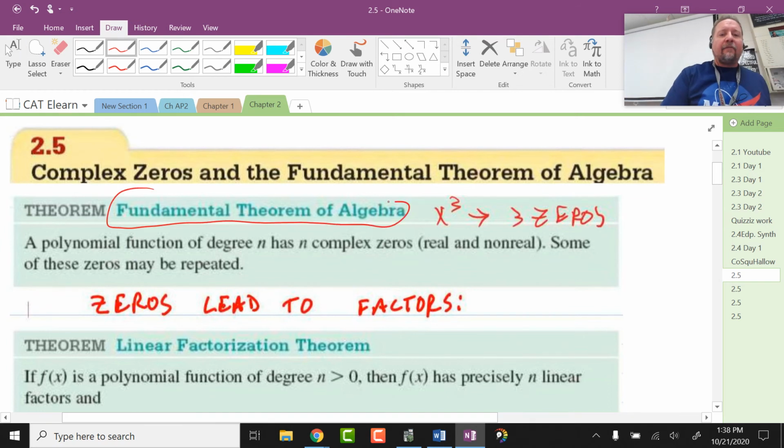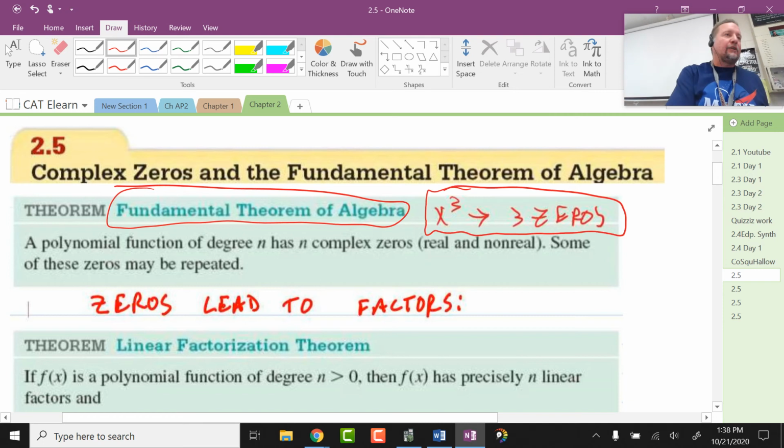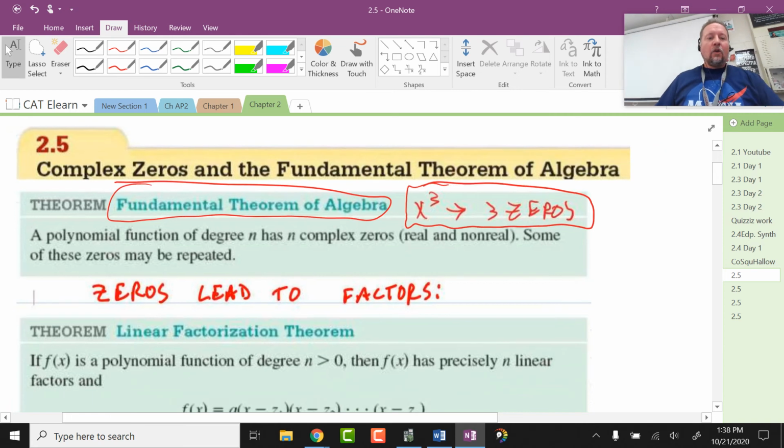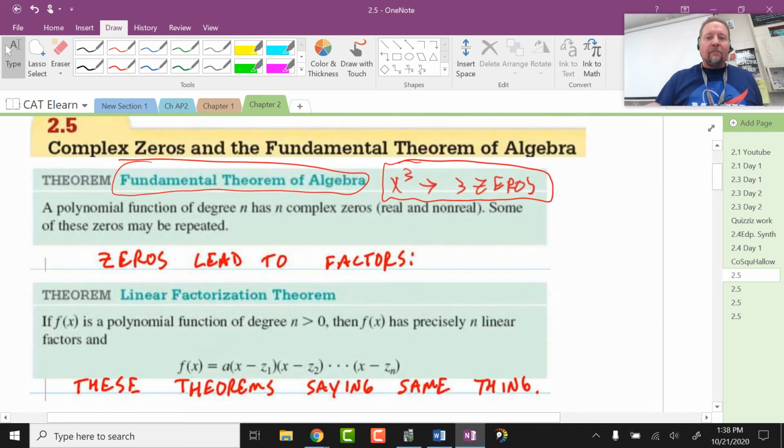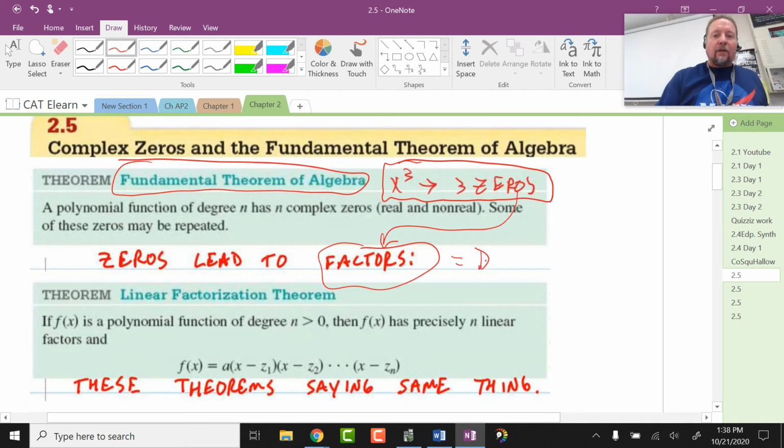What's the fundamental theorem of algebra? Here, it's real easy. The degree of the polynomial, that's how many zeros you're going to find. Simple. That's it. What's the linear factorization theorem? Don't zeros turn into factors? So the amount of factors you will have is equal to the degree of the polynomial. Again, these two formulas say the same thing.